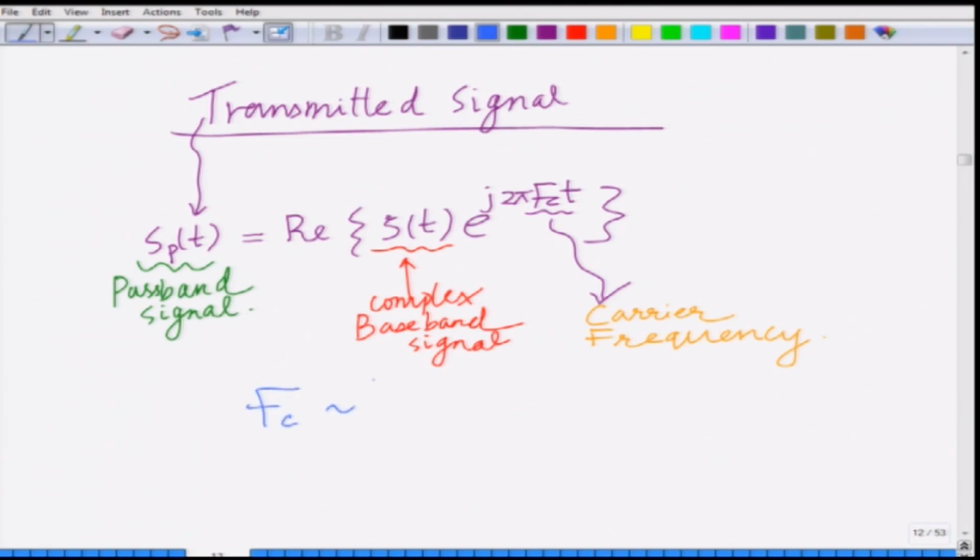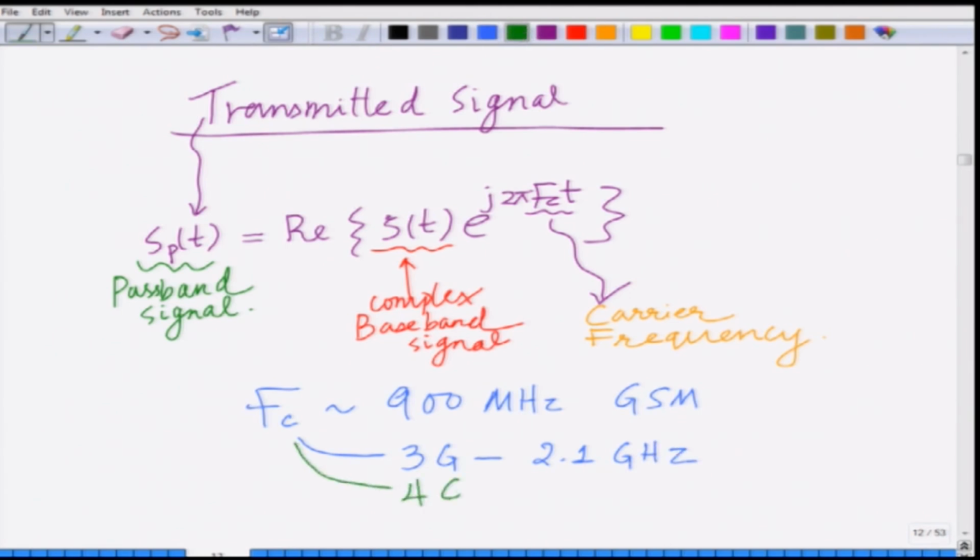This carrier frequency plays an important role in wireless communication systems. For instance, several countries operate GSM in the 900 megahertz band, and for 3G, Fc is approximately equal to 2.1 gigahertz, that is the 2.1 gigahertz band, and for 4G this is equal to the 2.5 gigahertz band.